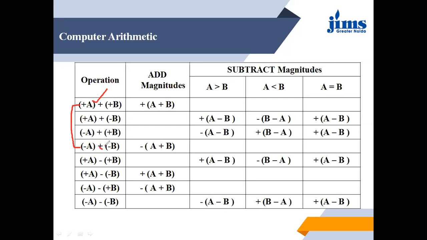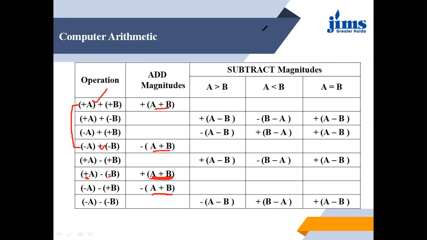In case of plus, this is A plus B and A plus B. But when the signs of both the numbers are different, in this case we are finding the result by adding these two numbers A and B. So this is the complement of addition.